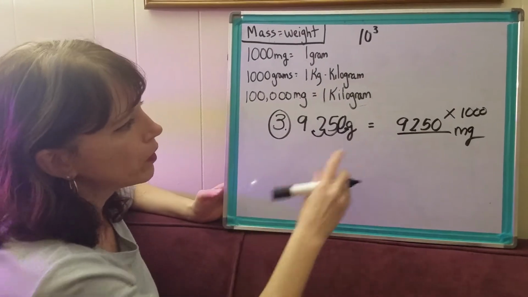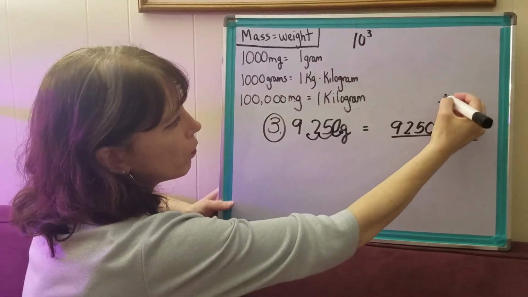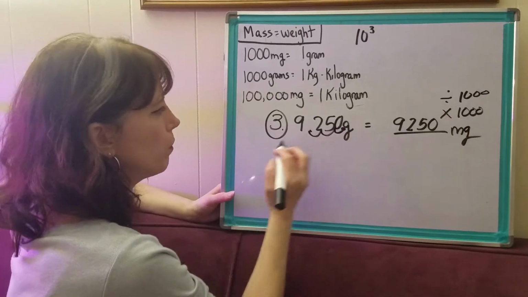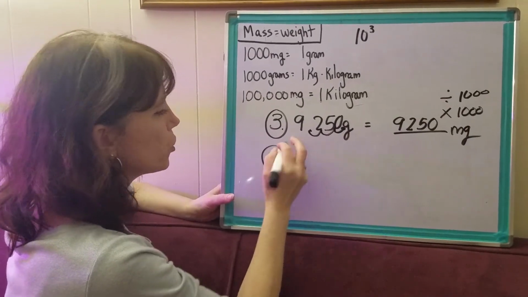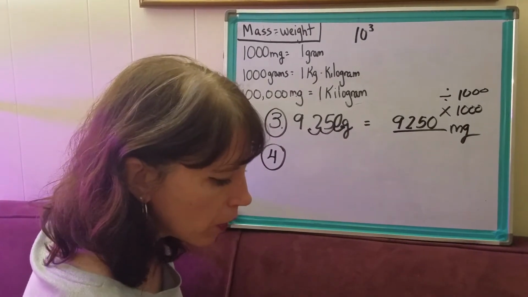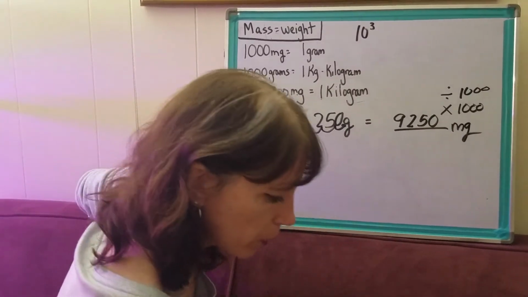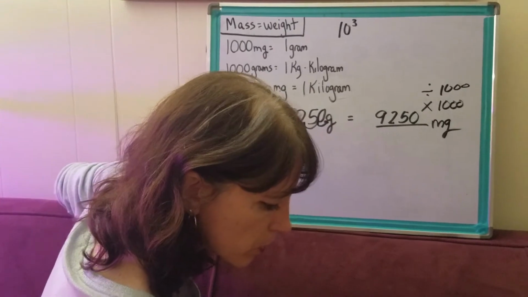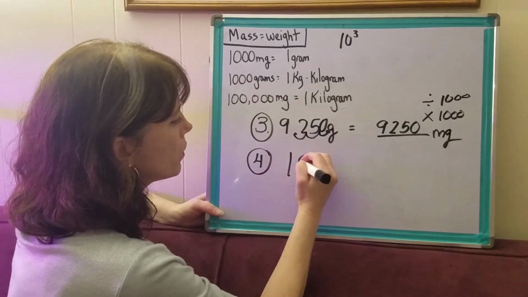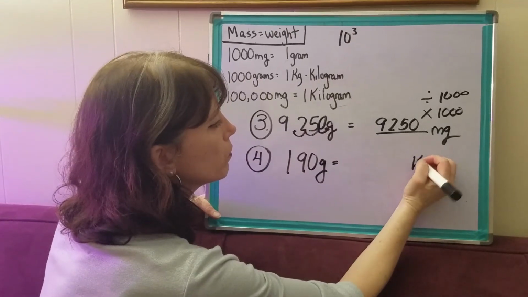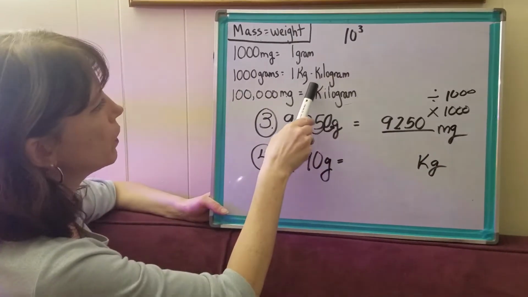So it's all about either multiplying or dividing by 1,000. So let's look at a case where you would divide by 1,000. So you should have practiced by now knowing that you divide when you're going from a little unit to a larger unit. So number 4 says 190 grams equals how many kilograms? Okay, my conversion is here.